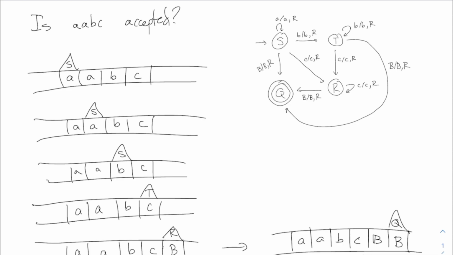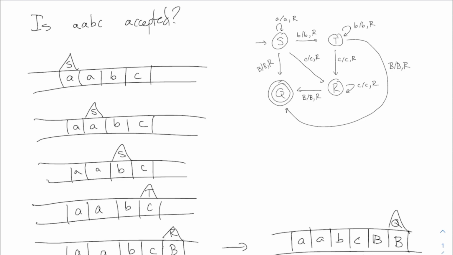So the language here actually requires all the A's to come first. Then you can do some B's next, and then you can do some C's next over here. And then if you get to the end after a bunch of C's and you see blanks, then it should be accepted. So really what's going to be accepted is things with a bunch of A's, followed by a bunch of B's, followed by a bunch of C's. But in any other order, it's not going to be accepted.